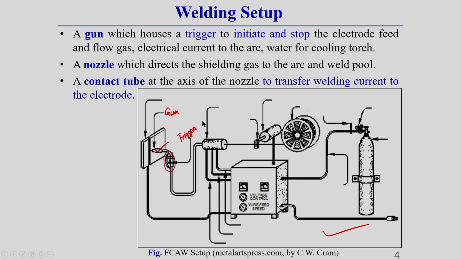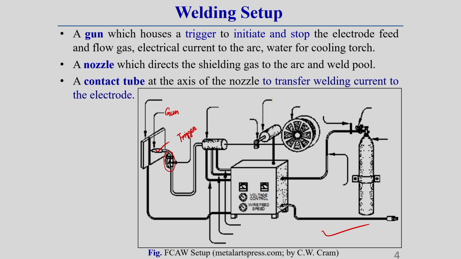This trigger is used to initiate and stop the electrode feed as well as the gas flow, it is also used to start and stop the electrical current to the arc, and it also helps to supply water for cooling.